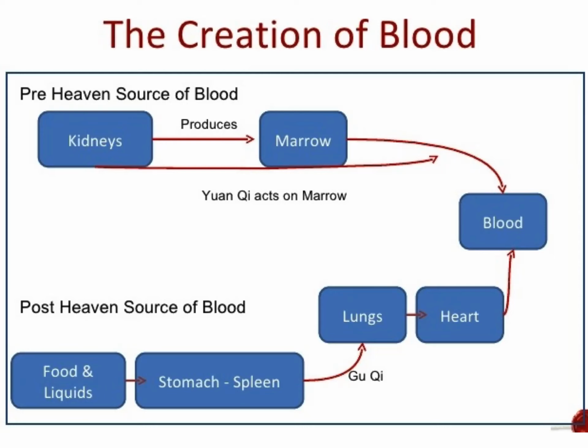The second source is the post-heaven source of blood, which comes from the food and liquids that we take. It's digested in the stomach, transformed by the spleen as gu qi, and sent into the lungs, then pushed to the heart to produce blood.